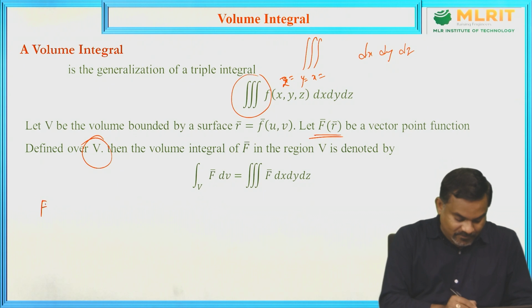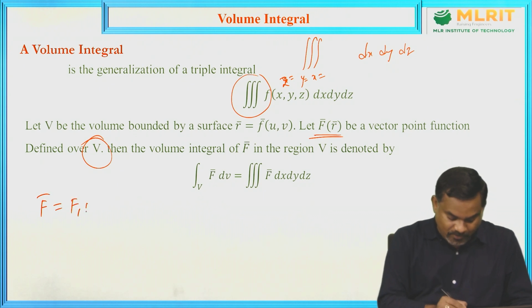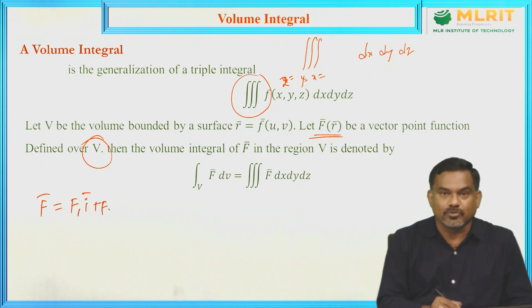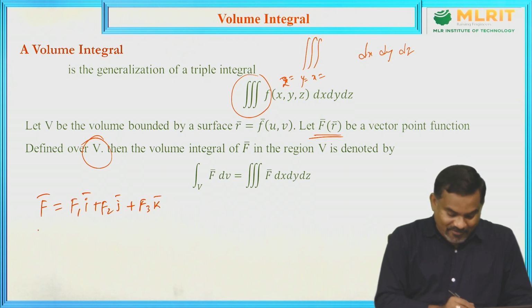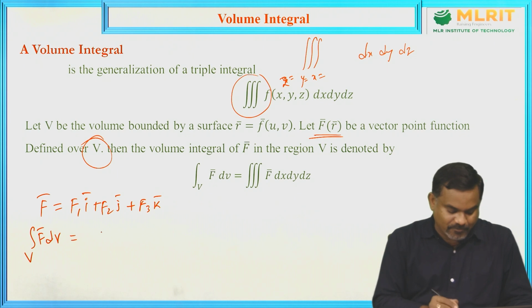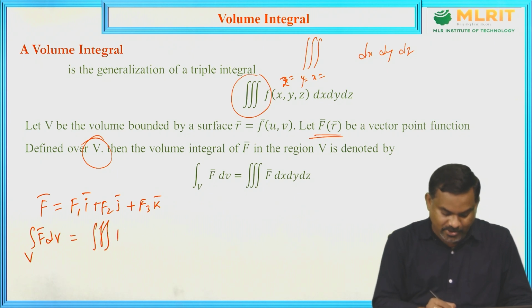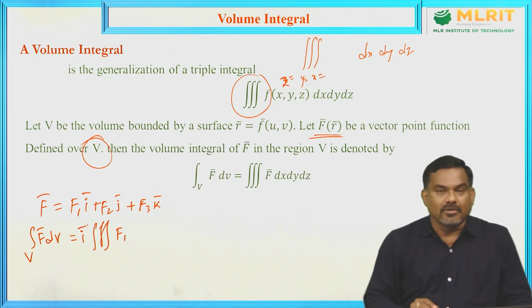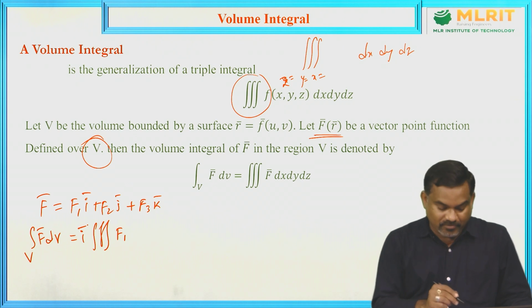For example, if this f bar is given in component form f1 i bar plus f2 j bar plus f3 k bar, then evaluation of the volume integral of this f bar is to evaluate the triple integral of each component.